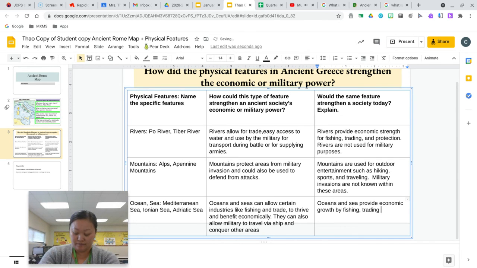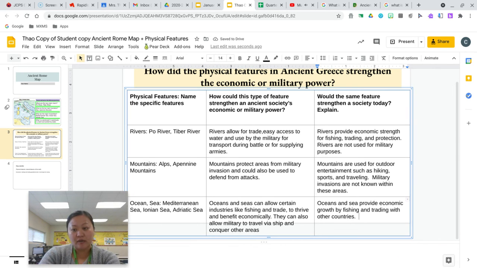Trading, and they still definitely trade. A lot of big companies and corporations still move products from our country to another country. So oceans and seas provide economic growth by fishing and trading with other countries.